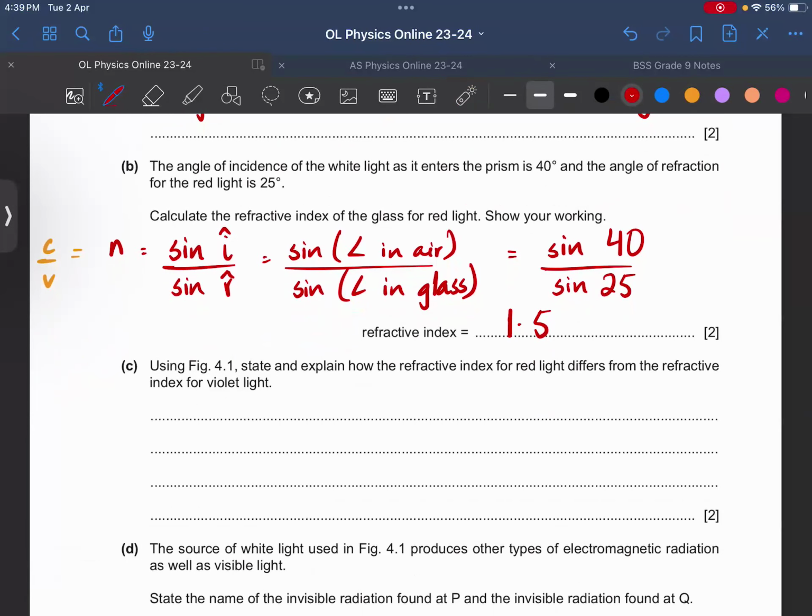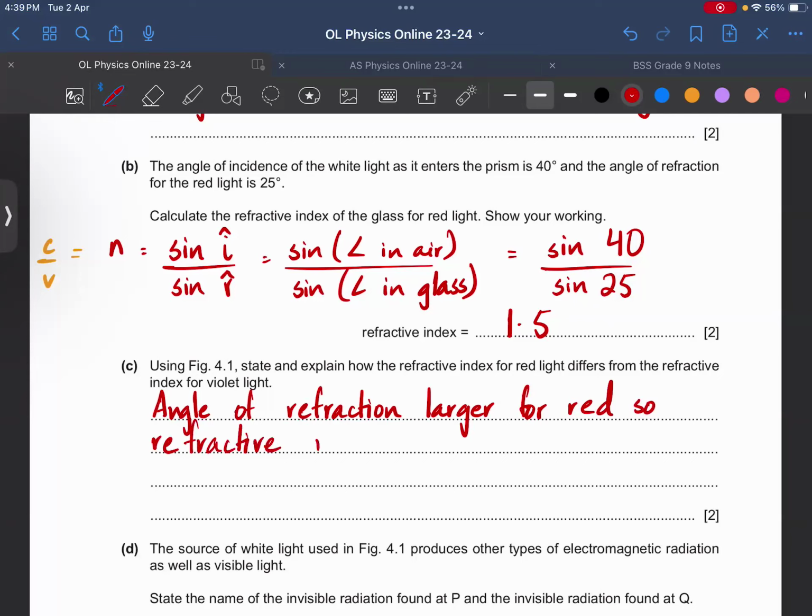First line of reasoning is this, that angle of refraction is larger for red. So refractive index is smaller. दूसरा line of reasoning is this, that speed of light is greater for red.